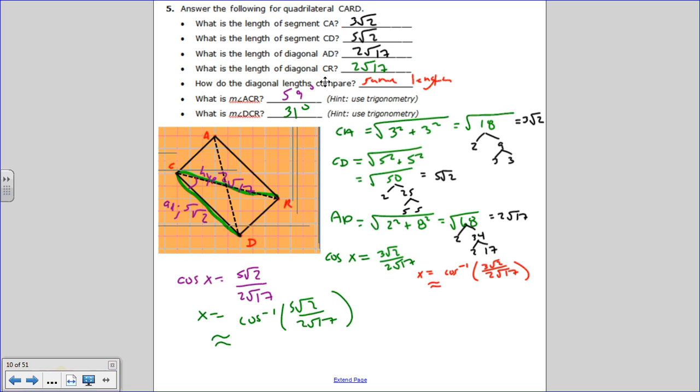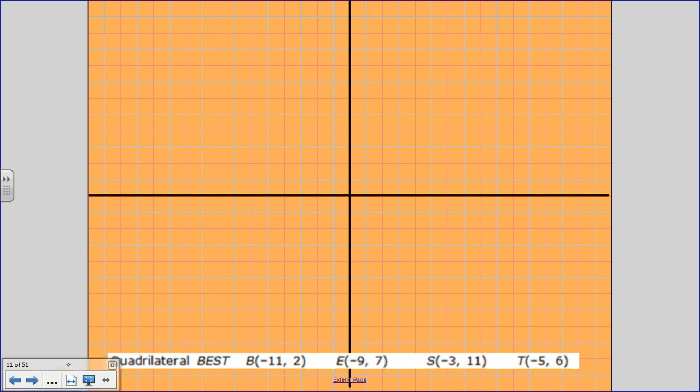All right, so I'll work out number 6 with you completely, just for extra practice, and just tell you the answers for the rest. But you still need to know how to show the work. All right, so for quadrilateral BEST, let's plot the points. B is at negative 11, 2, so B would be here.